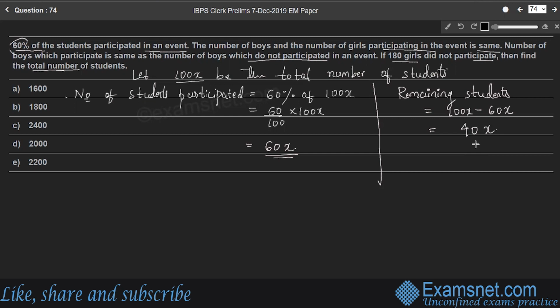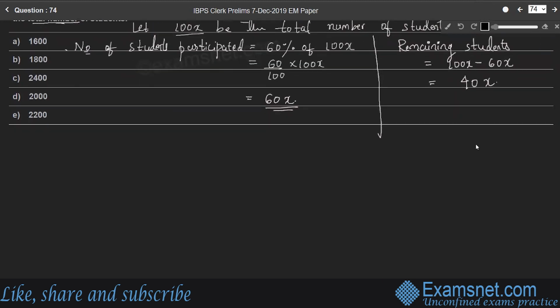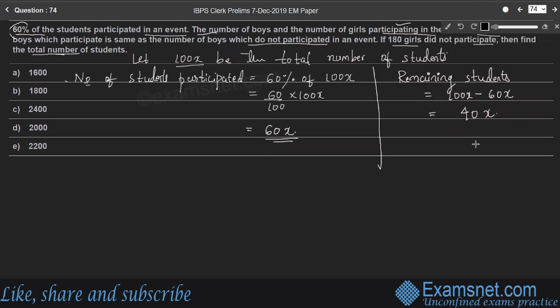So here, come back to the question. The number of boys and the number of girls who participated in the event is the same. So out of 60x, the number of boys who participated is half of 60x, because the boys' number is equal to the girls' number. Therefore, the number of boys participated is equal to the number of girls participated.